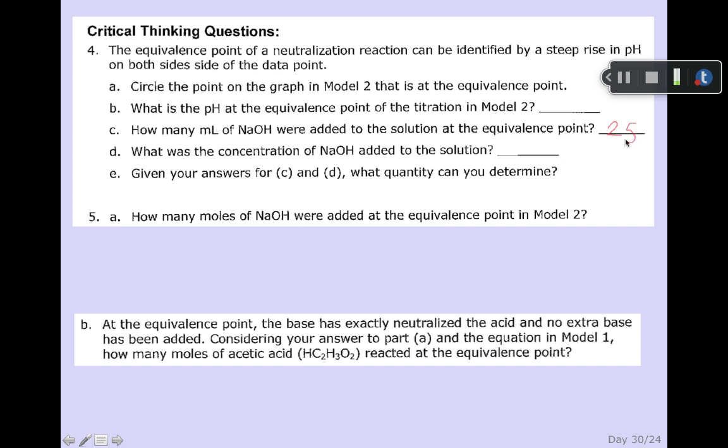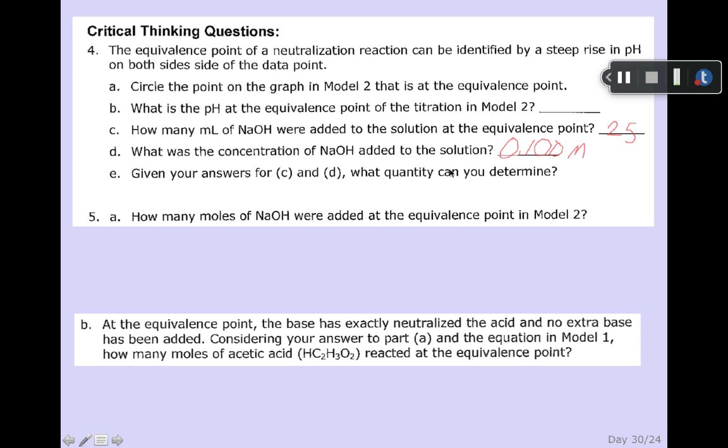And what was the concentration of sodium hydroxide added to the solution? Reading from the chart, the concentration of sodium hydroxide added is described to be 0.1 molar sodium hydroxide, so we'll fill that in here. And 0.1, and more zeros than that, more sig figs.